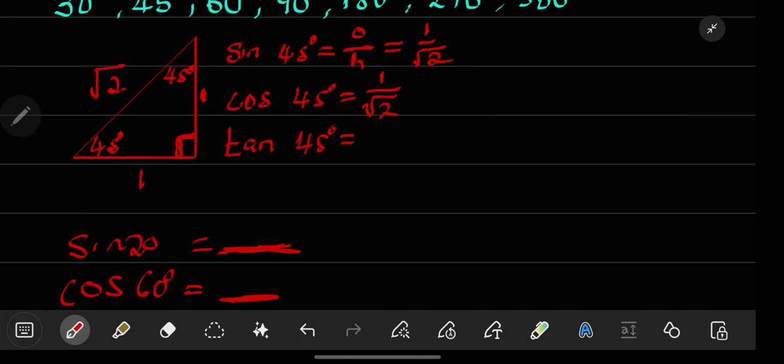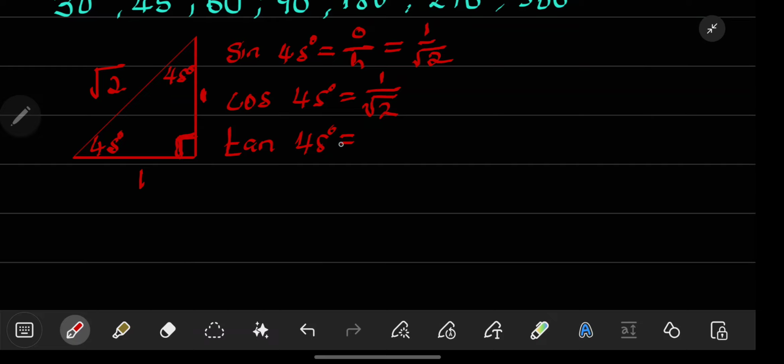Even if you say 20 and 70, they add up to 90. They are complementary, so they will give you the same answer. I hope you understand the concept of co-ratios.